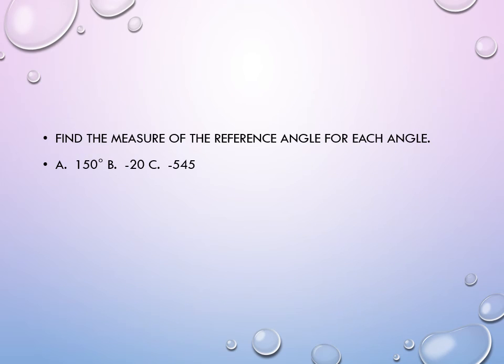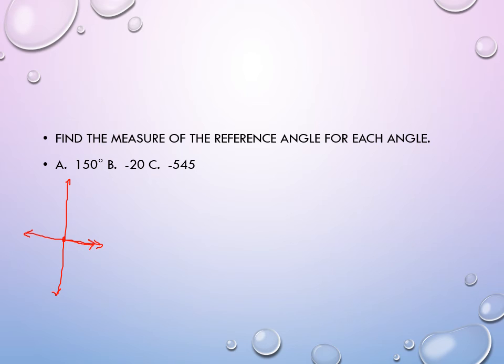Okay, so we're going to calculate the reference angle. It says here 150 degrees. So how do we calculate that? We're going to draw the angle of 150 degrees. So if you guys see here, we always start from the vertex at the origin on the positive x axis.